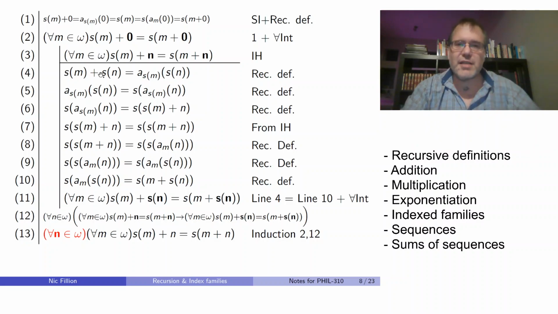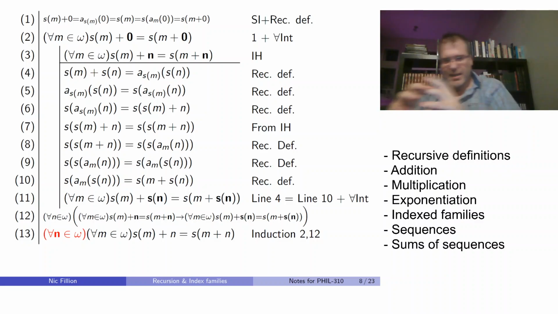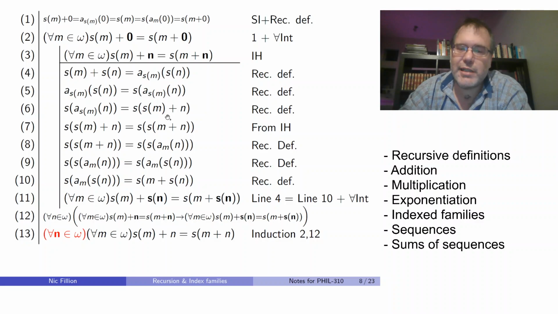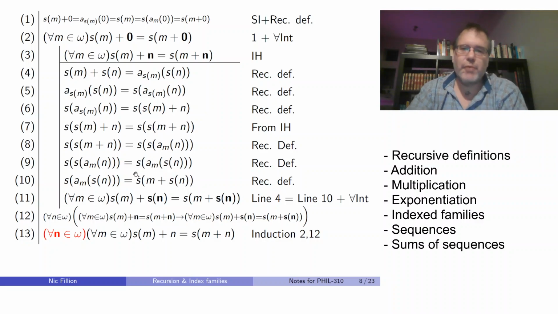So at first, as you see, we take something in terms of plus and we pack it in using the recursive definition until we can use our inductive hypothesis, and then we unpack it until we reach that last term here, which is again just true by the recursive definition.